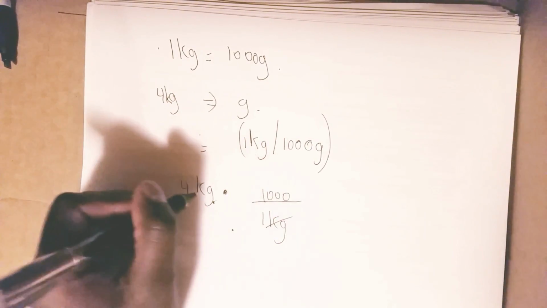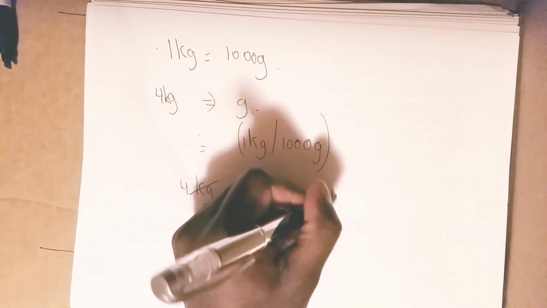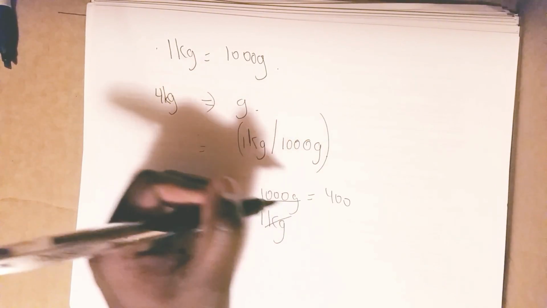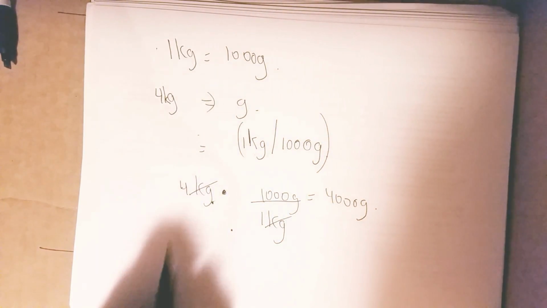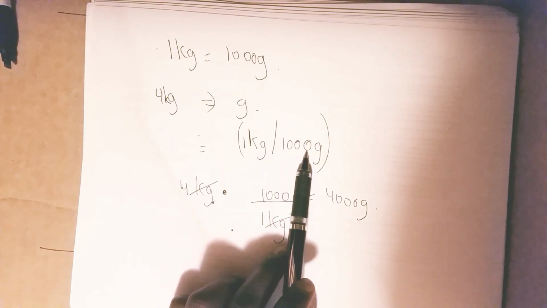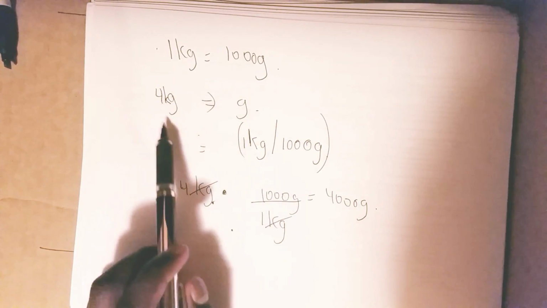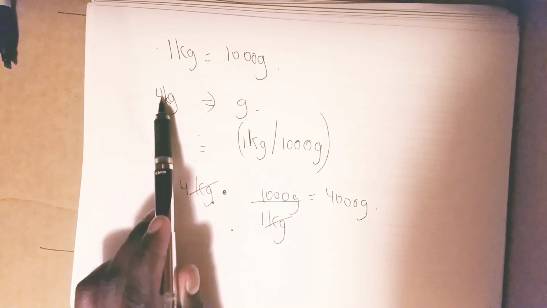Now the kilograms cancel, and you're left with 4 times 1,000, which is 4,000 grams. So that's a technique to learn.